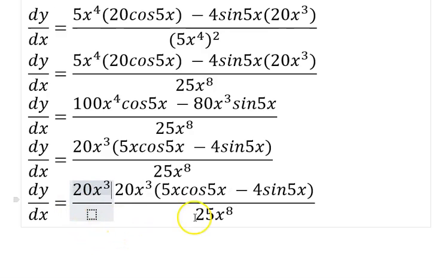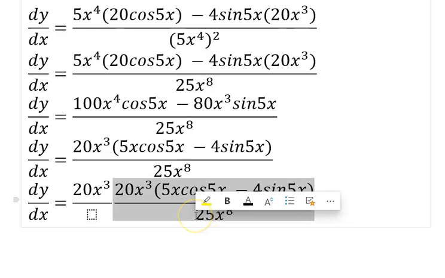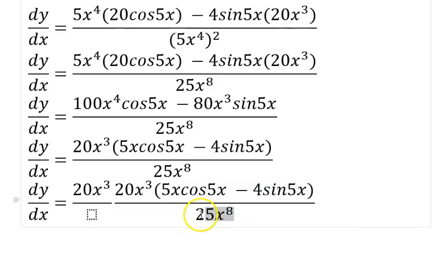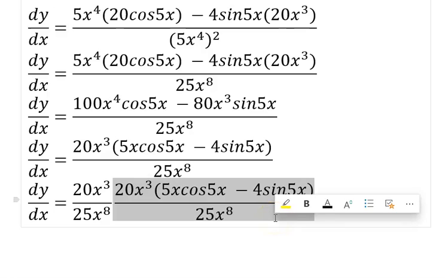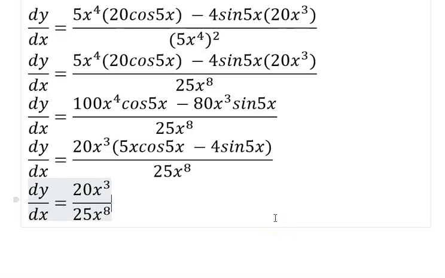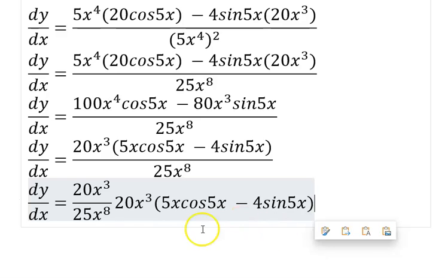Beautiful. And let's bring this here. Beautiful. That means we've been able to, awesome, we've been able to separate this from this.